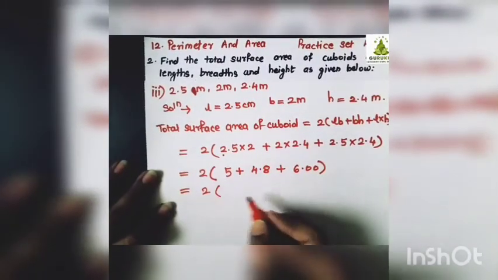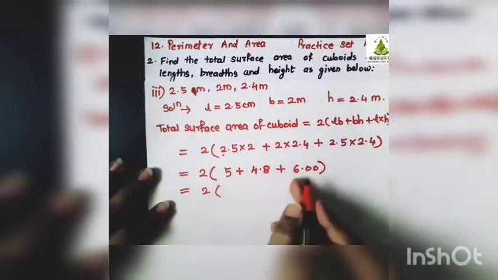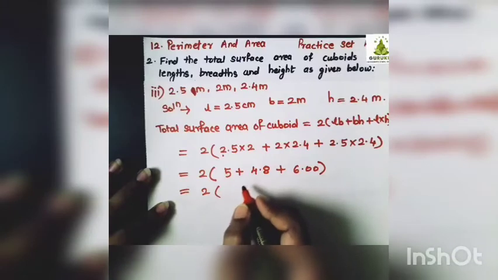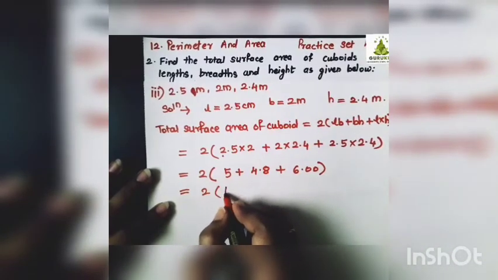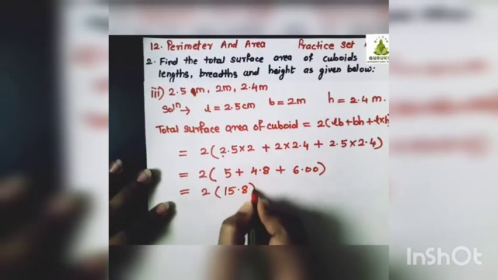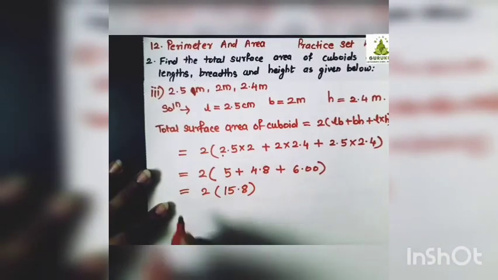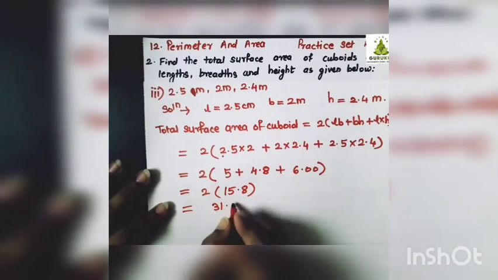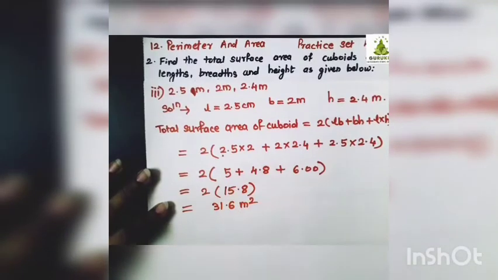Do the addition. 2 into bracket, 6 plus 5 is 11, 11 plus 4.8 is 15.8. Okay, so it will be 2 into 15.8, and if you do the multiplication it will be 31.6 meter square.